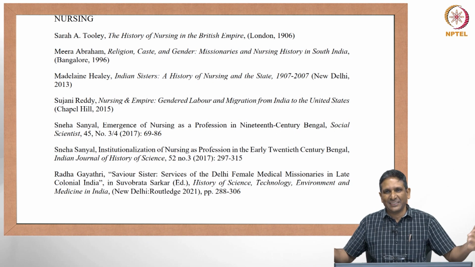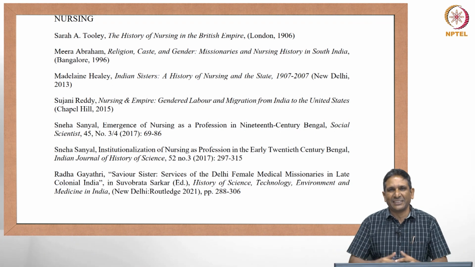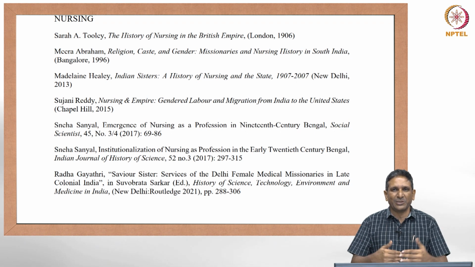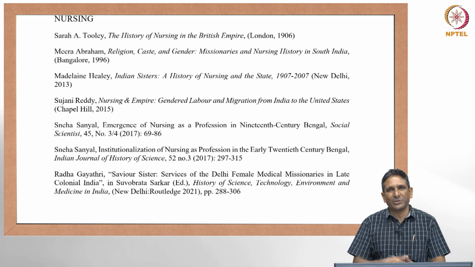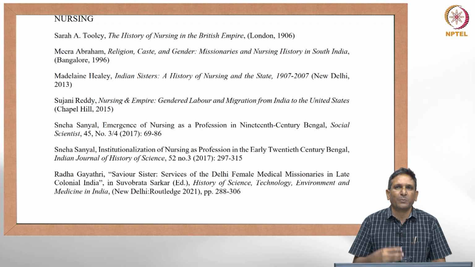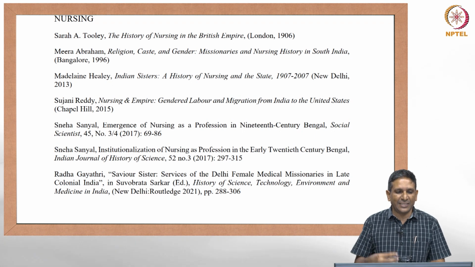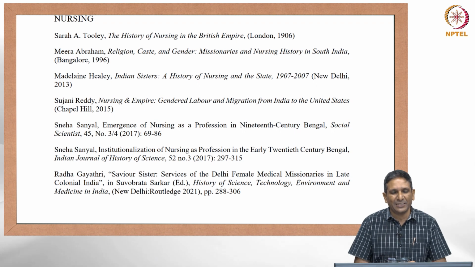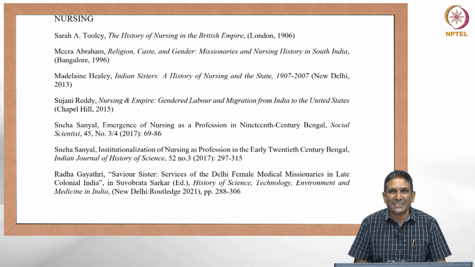So rather than a bibliography arranged in alphabetical order, this at least is the first good effort, putting them according to themes. One more thing you can do is, as and when you read, you can put a few lines about whatever you read, at least a summary of it. So it becomes a bibliographical essay.